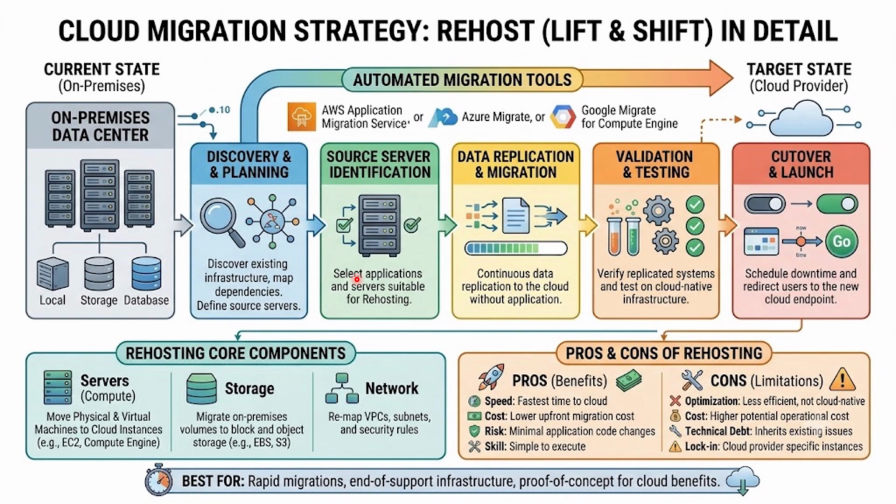The next phase is the data replication and migration, and here the goal is to move data from your local storage array to the cloud provider. And this stage leverages automated migration tools running in the background, such as AWS Application Migration Service, or you can say MGN, Azure Migrate, or Google Migrate for Compute Engine.